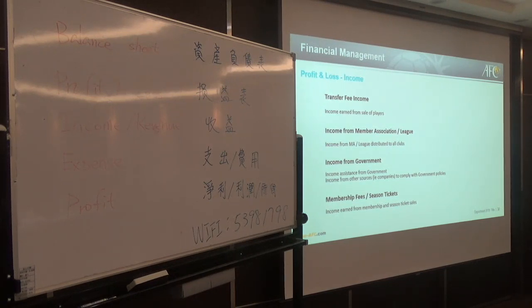And then we have income from the member association or the league that generates income, which is distributed out to clubs. 那在下一个的话是说，假设这些收入是整个联赛有收入的，那可能是在协会或在联盟，那联盟再分配下去给各个球队这样子。And we have income from the government. That's your main source.